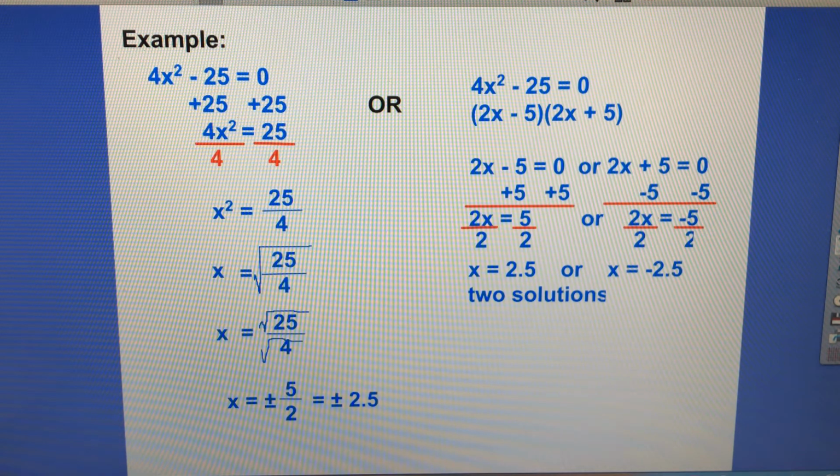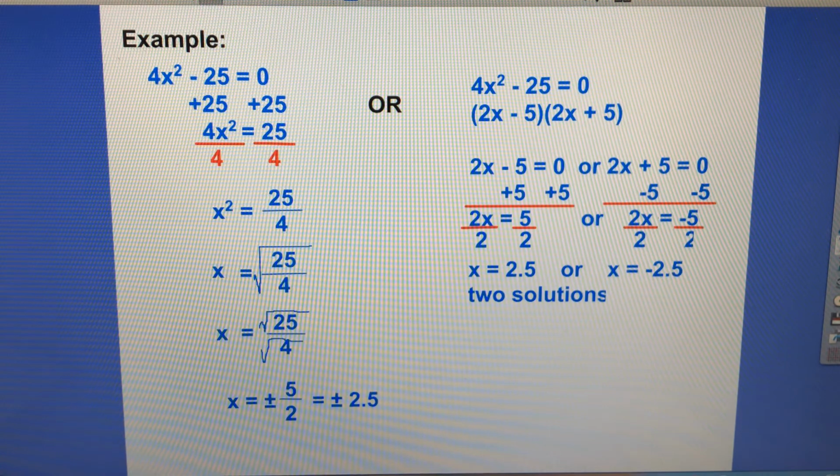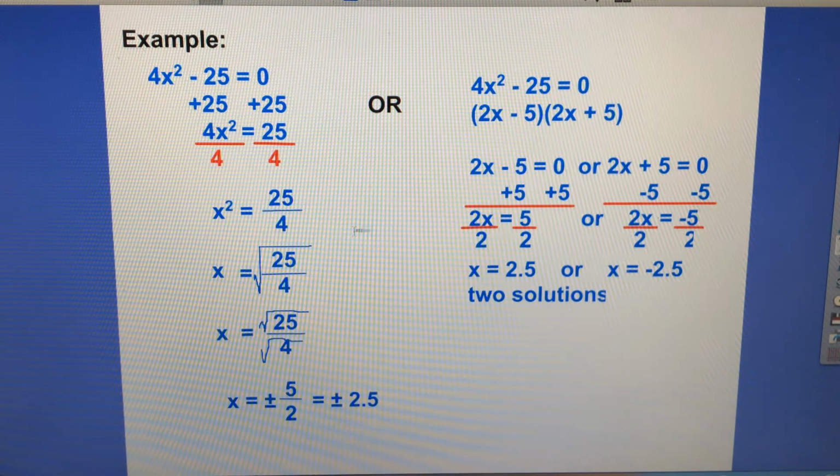4x squared minus 25 equals 0. Add 25 to both sides. 4x squared equals 25. Divide both sides by 4. X squared equals 25 over 4. Now I take the square root of both sides.